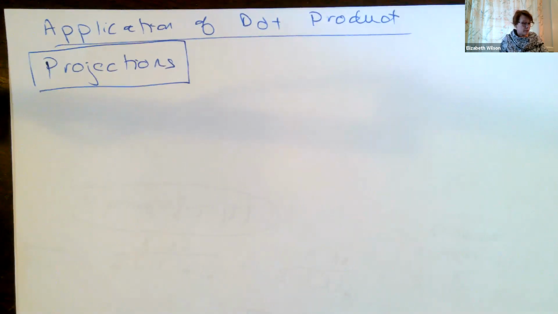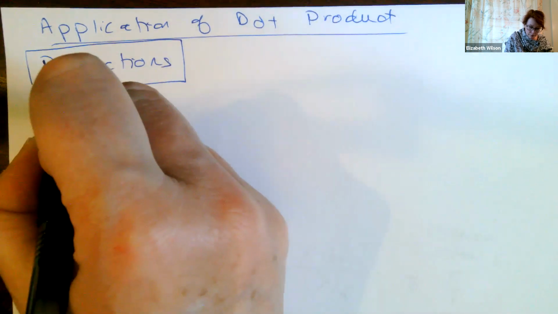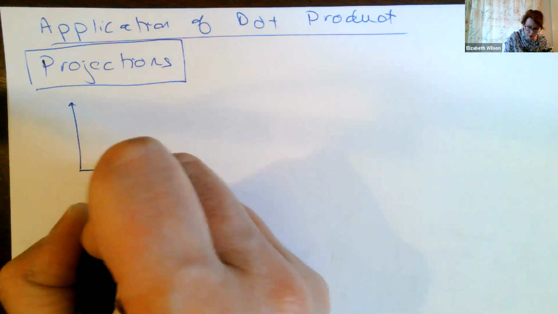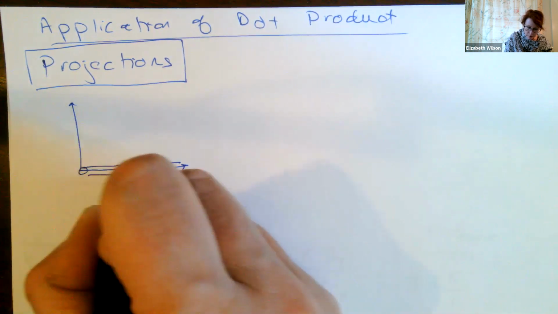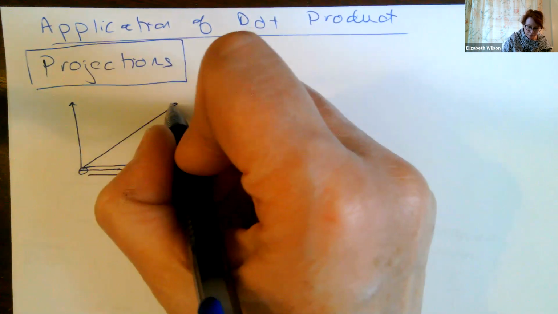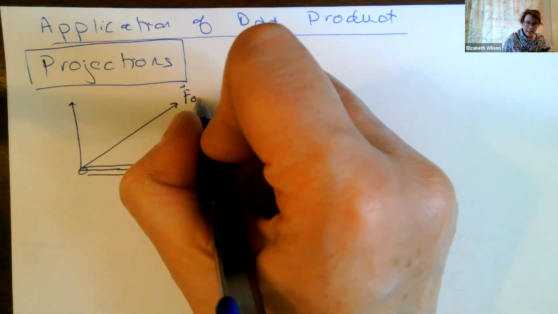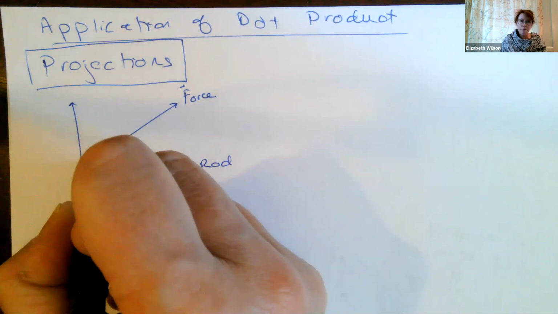Okay, and how you've maybe seen it in physics is something like this. Let me draw it out this way. We've got a rod, right? And I've got a force acting on that rod. The force is at some kind of an angle theta to the rod.